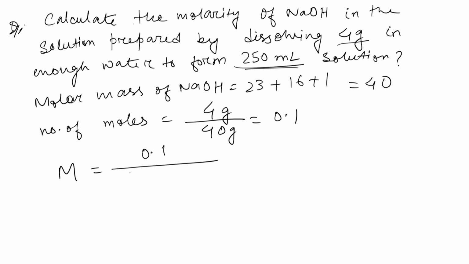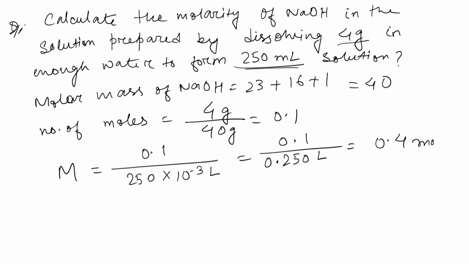The volume of the solution is 250 ml, but we have to convert it to liters. 250 ml means 250 into 10 to the power minus 3 liter. So 0.1 by 0.250 liters comes to 0.4 moles per liter, or we can write 0.4 molar. Now, we will study about molality.